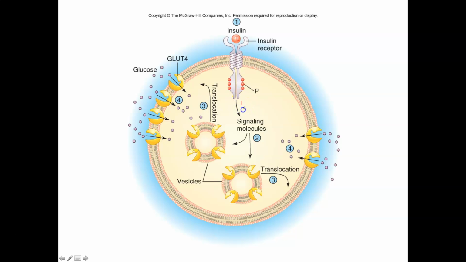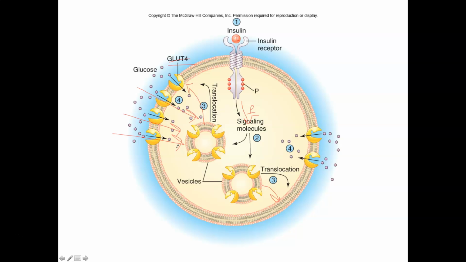We see the activation, the phosphorylation of signaling molecules that are going to communicate with vesicles in the cell so that they can move those vesicles out to the plasma membrane, and we can insert glut transporters so that glucose can diffuse into the target cell, because that is one of the actions of insulin, to communicate with cells and essentially tell them to take glucose from the bloodstream to the inside of the cell.